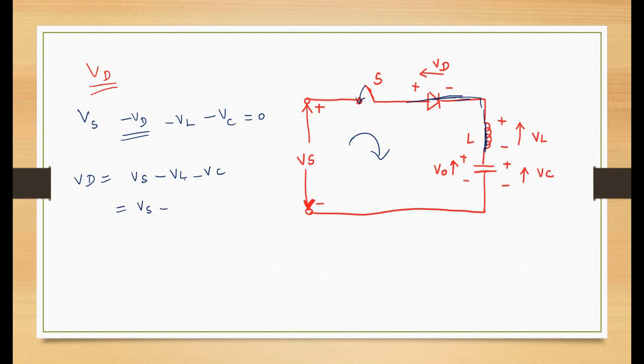Here put Vs. What about VL? VL is 0. VL means the voltage across the inductor at steady state, that is equal to 0. Minus Vc, and Vc is 2Vs minus V0.